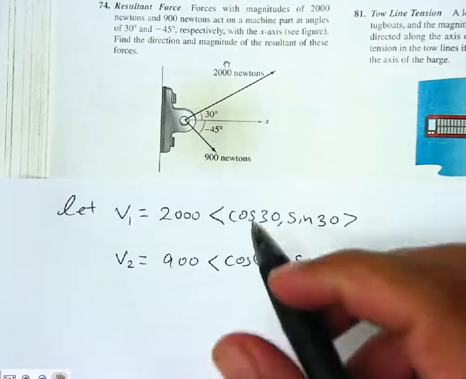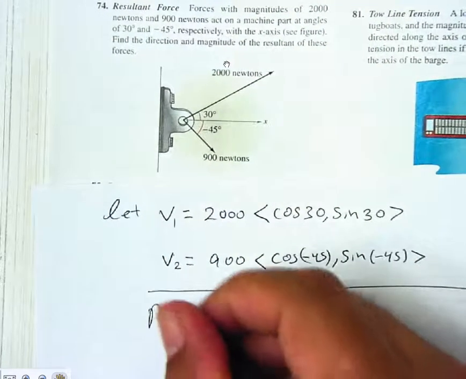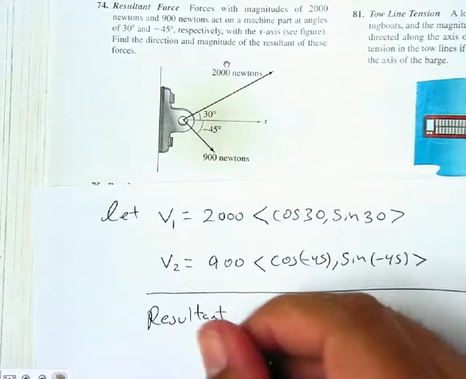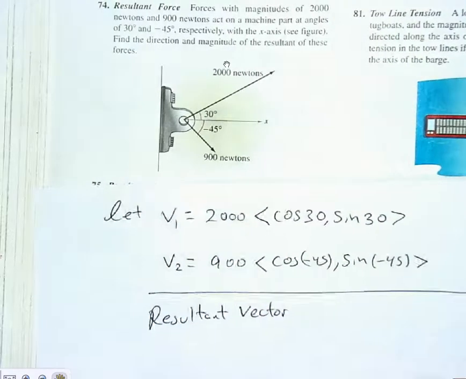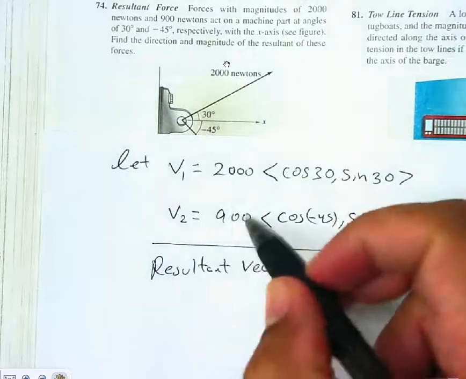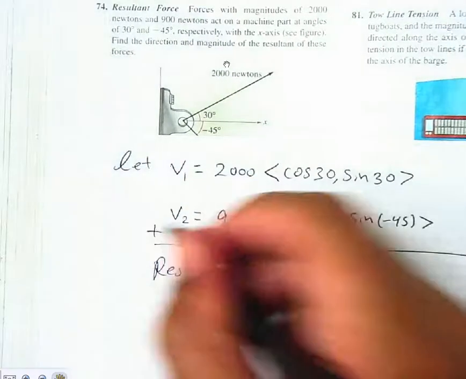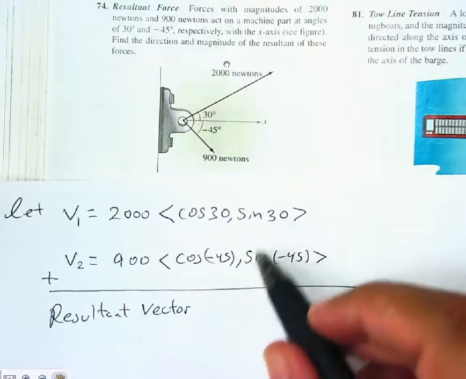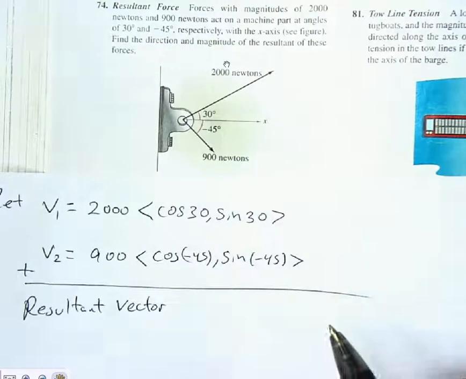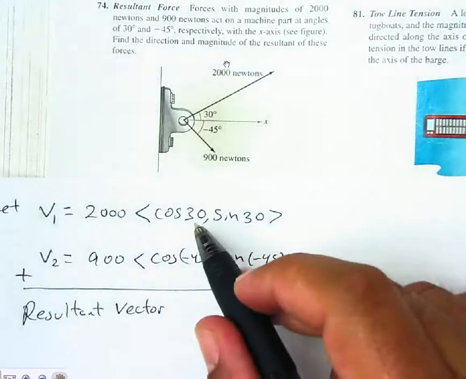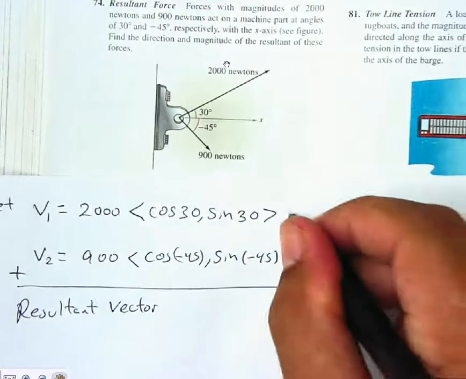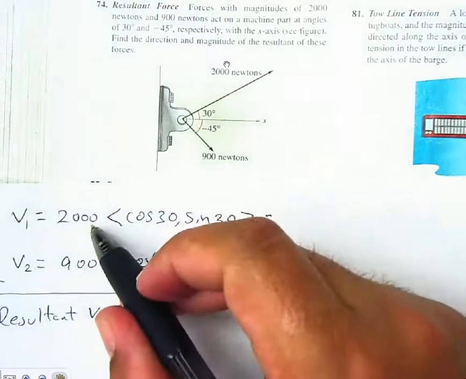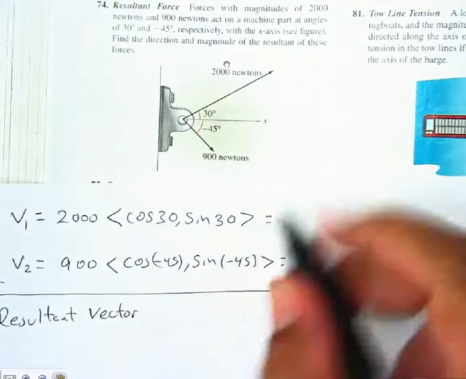So we have the two forces in vector form. Now we're going to get the resultant vector, or the combination of these two, by adding them. But before we add them, we're going to simplify them, or find a numerical approximation. So the first one, we're going to take the 2,000 and distribute it in.